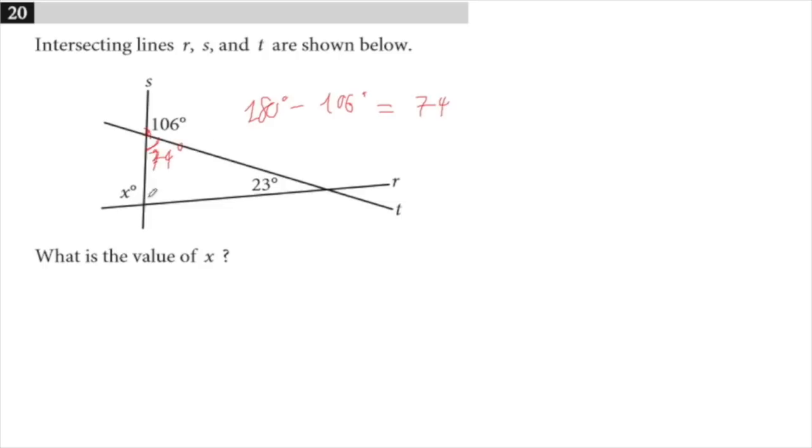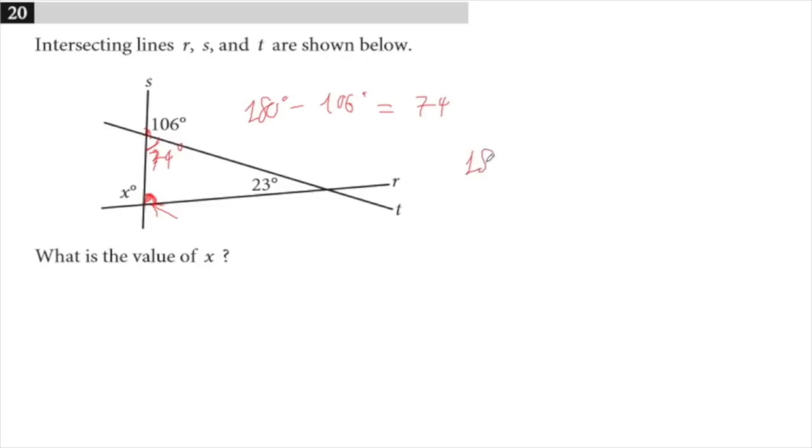74 here. And then the sum of the three angles in the triangle will equal 180 degrees, so I want to find this angle.